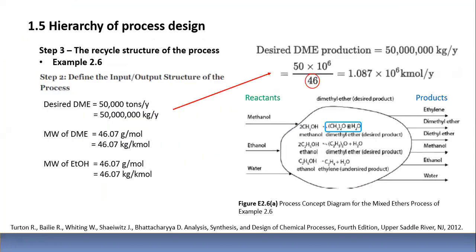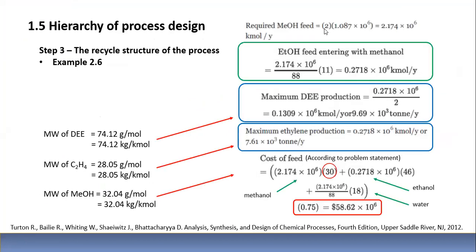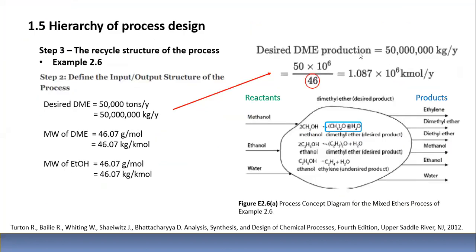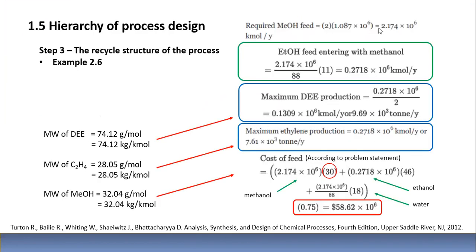So in the production, this is the target production per year of dimethyl ether, and half of this. Now 2 times that amount is what we need of methanol. 2 times the required production target of dimethyl ether is what we need of methanol. It's 2.174 times 10 to the 6. And it says in here, required methanol feed.